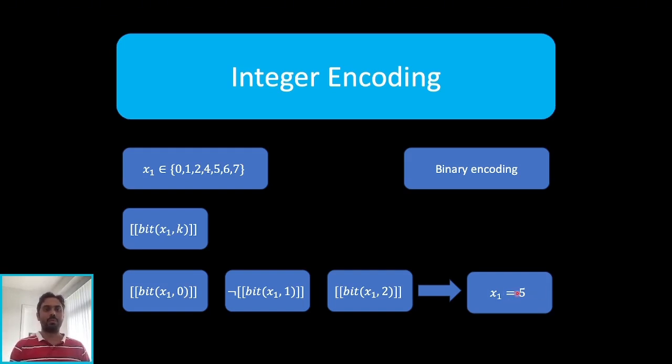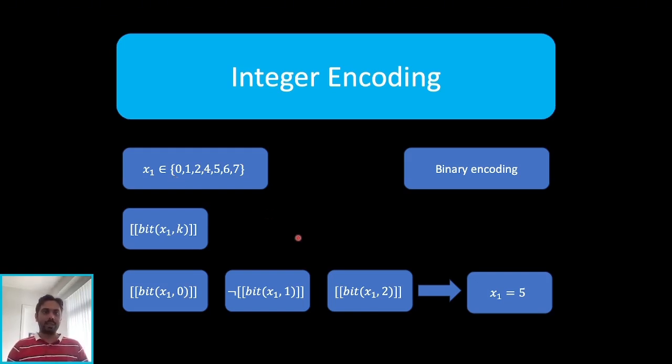We have to do some kind of lexicographic comparison using these 3 bits. This doesn't lead to that natural propagation, but the major advantage of this way of encoding is that we are using significantly fewer Boolean variables. Here we just need these 3 Boolean variables to represent all of these values.